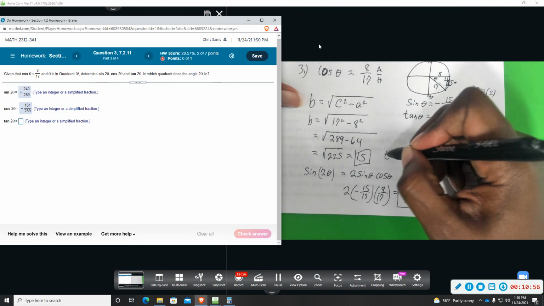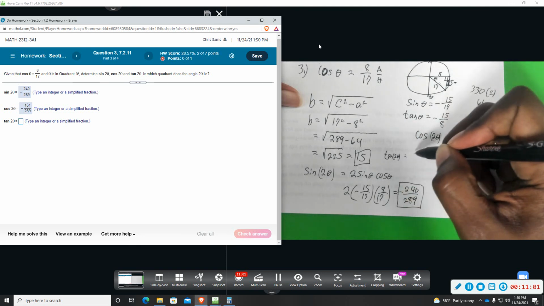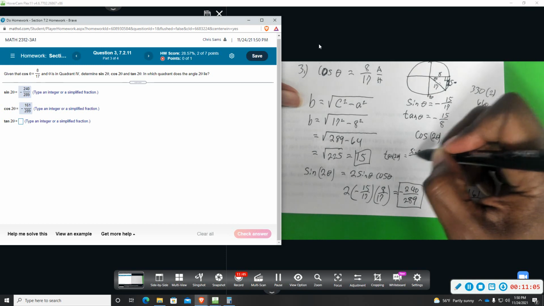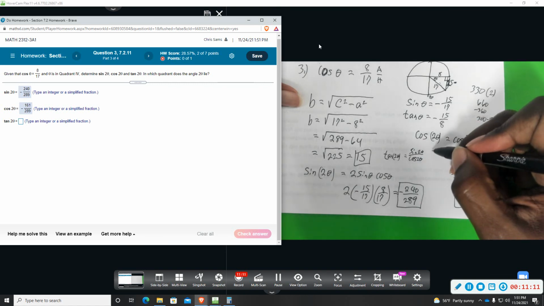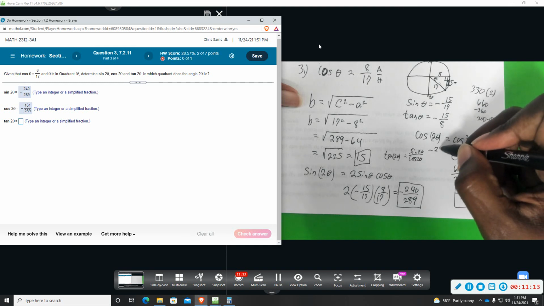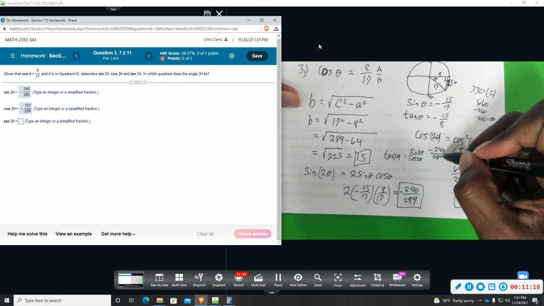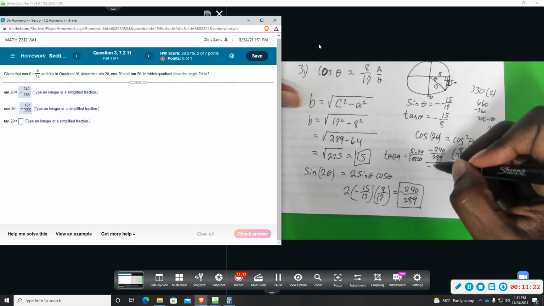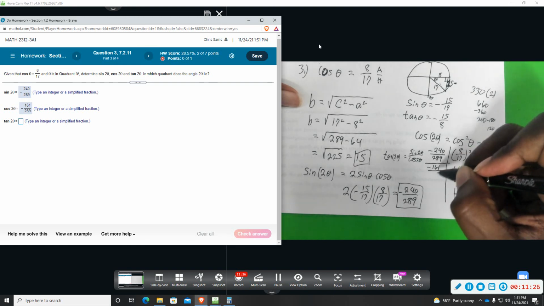I could also say tangent 2 theta is equal to sine 2 theta over cosine 2 theta, which would be negative 240 over 289 divided by cosine, which is negative 161 over 289.